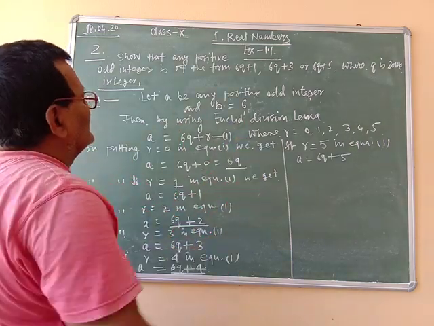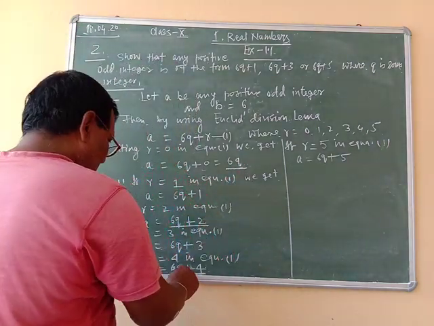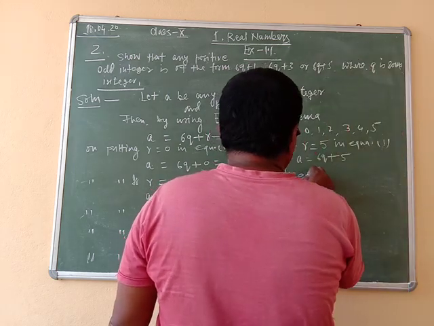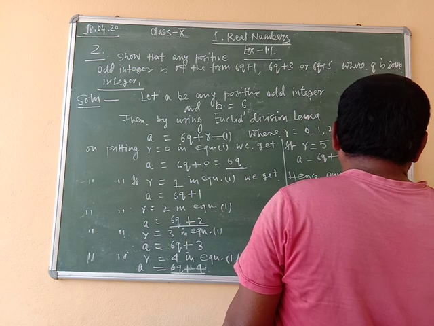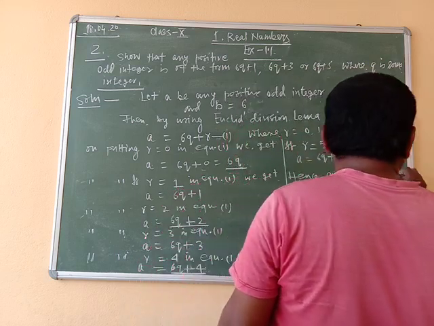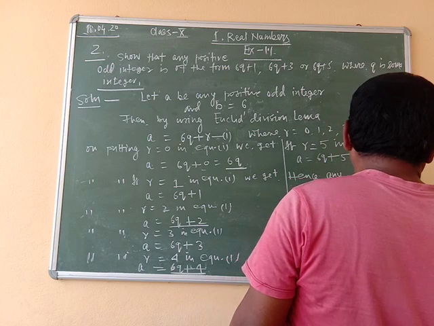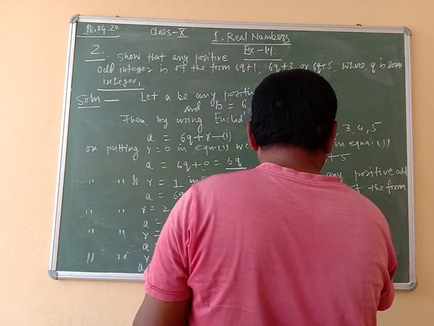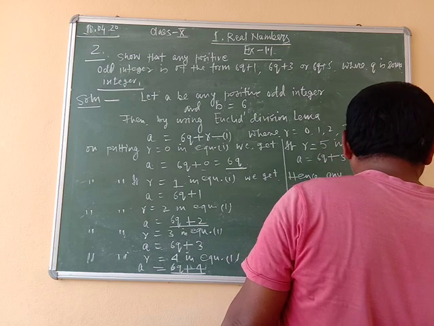We have given a is an odd integer, so a cannot be 6q, 6q plus 2 or 6q plus 4. Hence any positive odd integer is of the form 6q plus 1, 6q plus 3 or 6q plus 5. Proof.